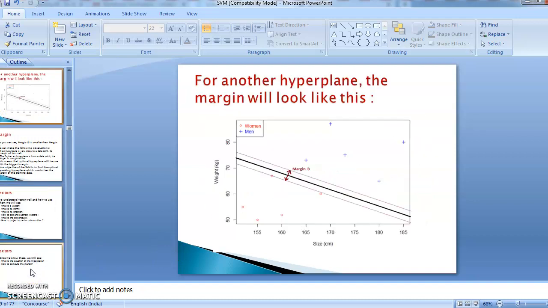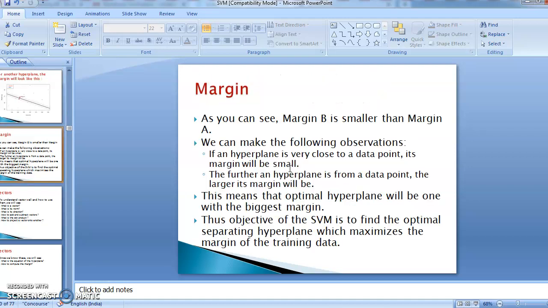As per our discussion, if the margin is very small, then there will be chances that data points will appear closest to the hyperplane, so it may not classify the data as per the training set. It will not work well with unseen data.